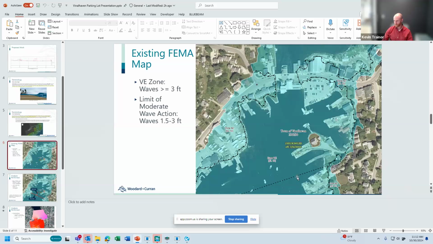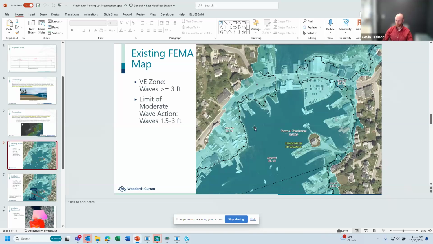And so this transect here, while it's close to the parking lot, it's not actually at the parking lot. And so what you're seeing on the FEMA map doesn't really take into account specifically what the parking lot elevation is.